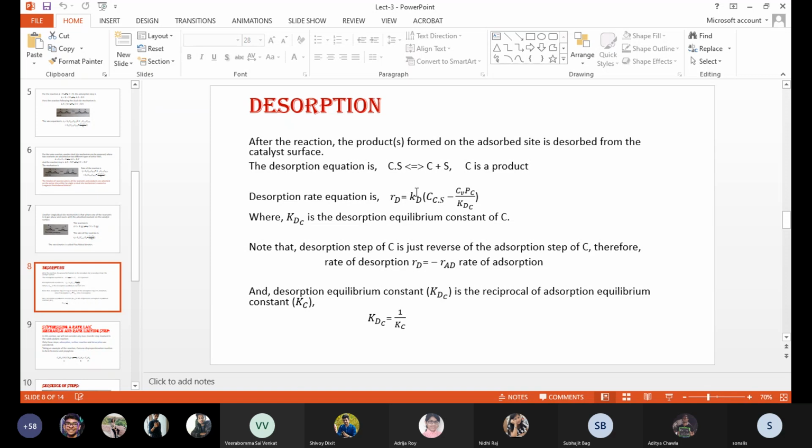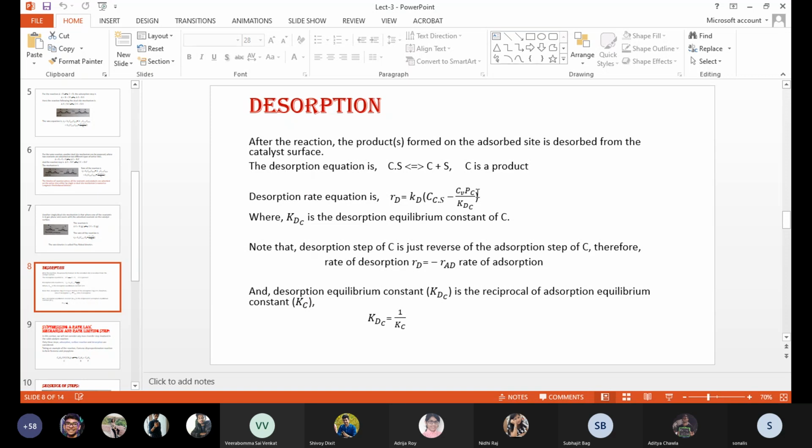It is also reversible. Small kd is the forward desorption rate constant, so kd into C C dot S is the forward desorption rate, minus k of minus d into CV PC, where PC is used because C is now free and in the gas phase.